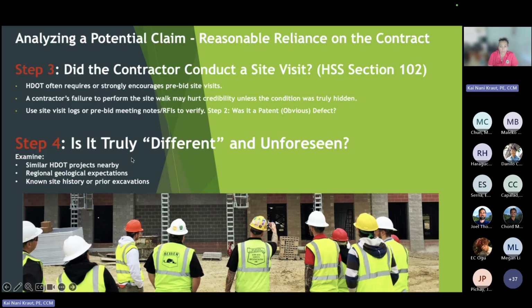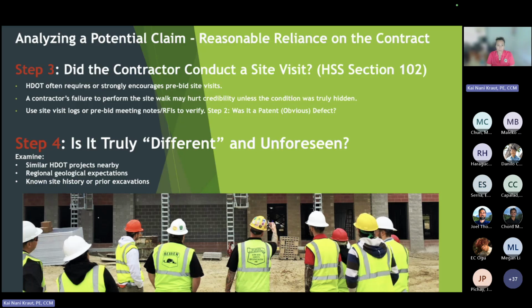So the next step to really think about, is it truly different and unforeseen? So are there similar DOT projects in the area that experience the same condition? Is there regional geological expectations, known site history, prior excavations? So again, this is not like, is it in the plans? Is it not in the plans? It's more than that. You have to think about, is it reasonable person?